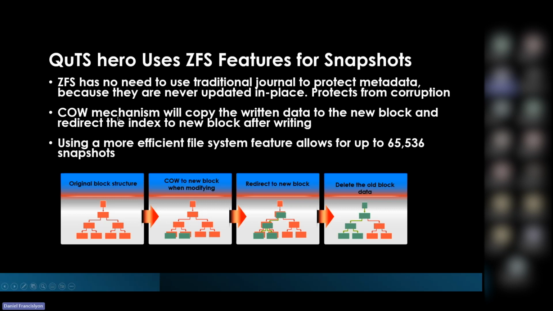So ZFS copy-on-write is not just for snapshots. It's actually there to protect your data from corruption, but it also has an added feature of working for snapshots as well. It stops you from directly overwriting blocks of data. So if we pretend these 4 blocks here were a Word document and you want to modify a paragraph that corresponds to these 2 blocks, without copy-on-write, you would just overwrite these blocks.